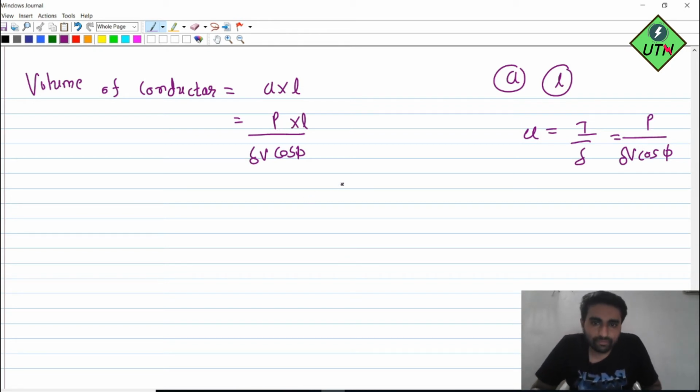And if we see our W equation, W is basically P rho delta L divided by V cos phi, right?